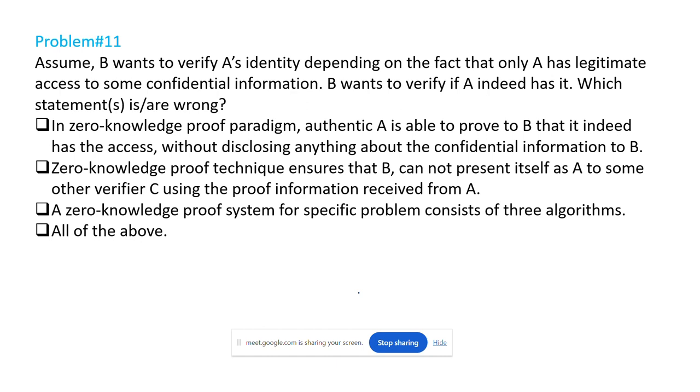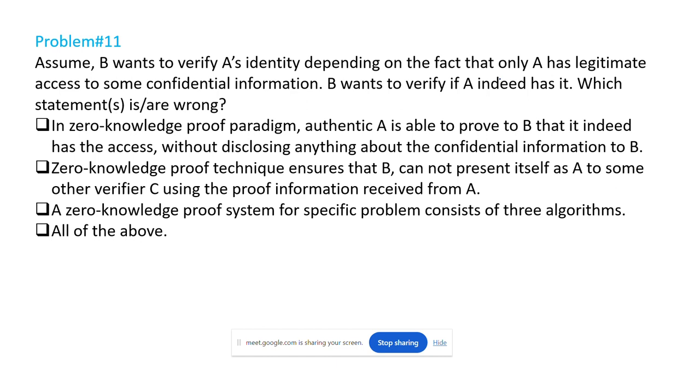So the statement is true because it says that B cannot present itself as A to some other verifier C, because B will never have sufficient information to prove that, by the security of zero knowledge protocol. Zero knowledge protocol says that B will only know that A has the correct identity, but apart from that, any secret that A has access to will not be revealed to B. So in order for B to successfully impersonate A to some other verifier C, it needs to have the information about the secret.